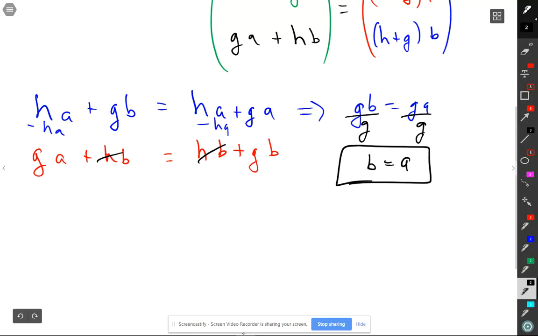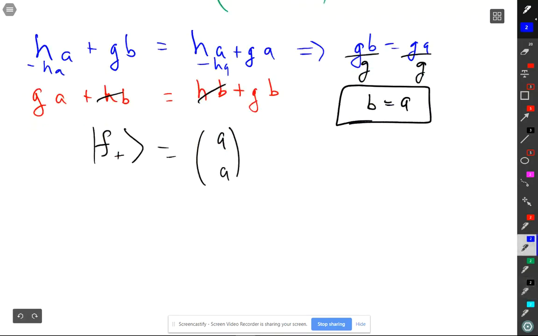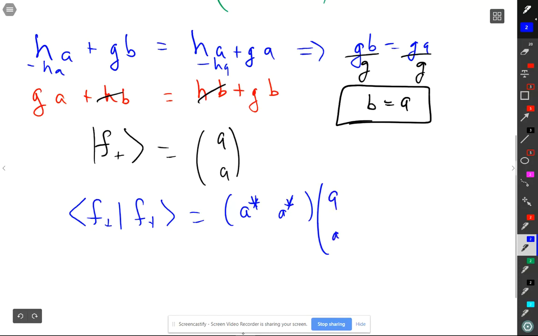And so what we have right now is F plus is equal to, I'll put AA, right? Because A equals B. But that's not normalized. So to normalize it, notice when you put it in the bra, you do have to do the complex conjugates.